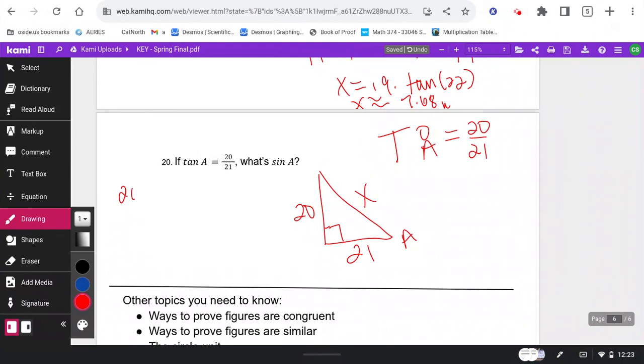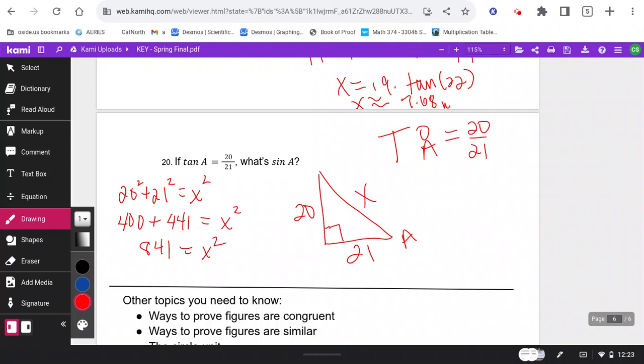So we'll go 20 squared plus 21 squared is equal to our unknown hypotenuse squared. Go ahead and grab your calculators and do 21 times 21. All right, 400 plus 441 is 841.